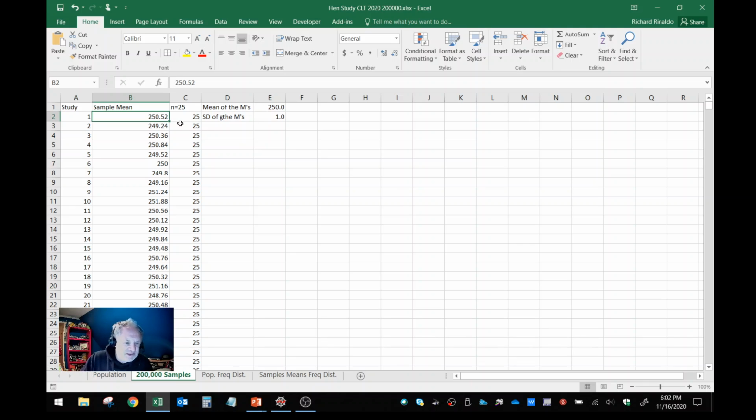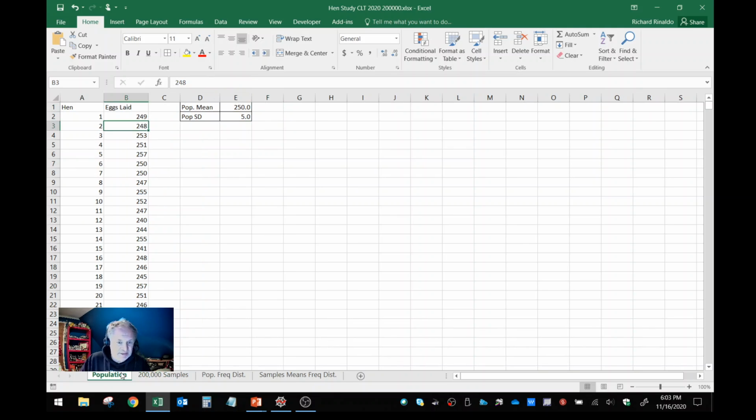The mean of my 200,000 sample means is 250, which makes sense because the population mean I drew them from was 250, right? So this distribution of sample means has a mean of 250, which matches the mean for the population from which I drew the samples.